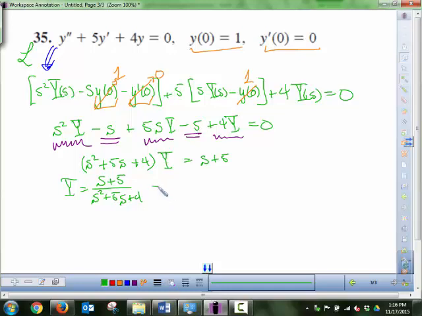Okay, so this clearly does not look like one of those things. It has a squared in it, but it doesn't look like one of those two things. So maybe I'll keep it like this and factor the denominator. Can I factor it? Yeah. 4 and 1. So s plus 1, s plus 4. And now I have to break it up.